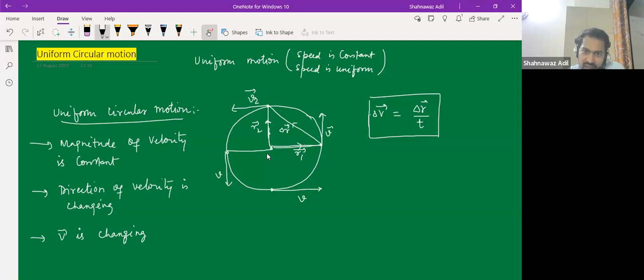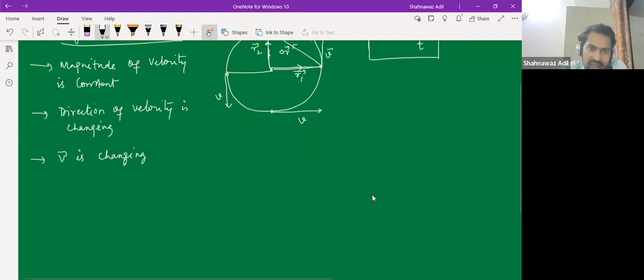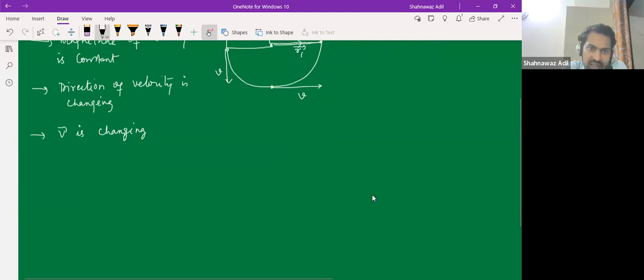And we have this uniform circle. What are the attributes of the circle? So let us talk about that.